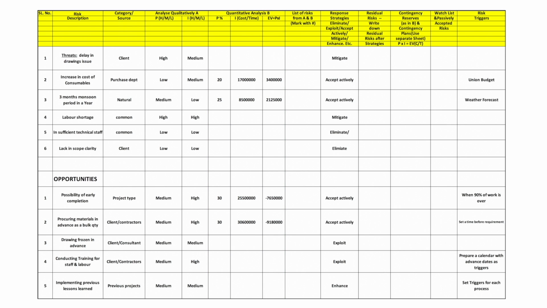And this is the contingency reserve. Now, this is only for certain risks which come out of the qualitative analysis. Now, these two together, the two lists together, the prioritized list and the qualitative and quantitative analysis, will now go for risk response planning.